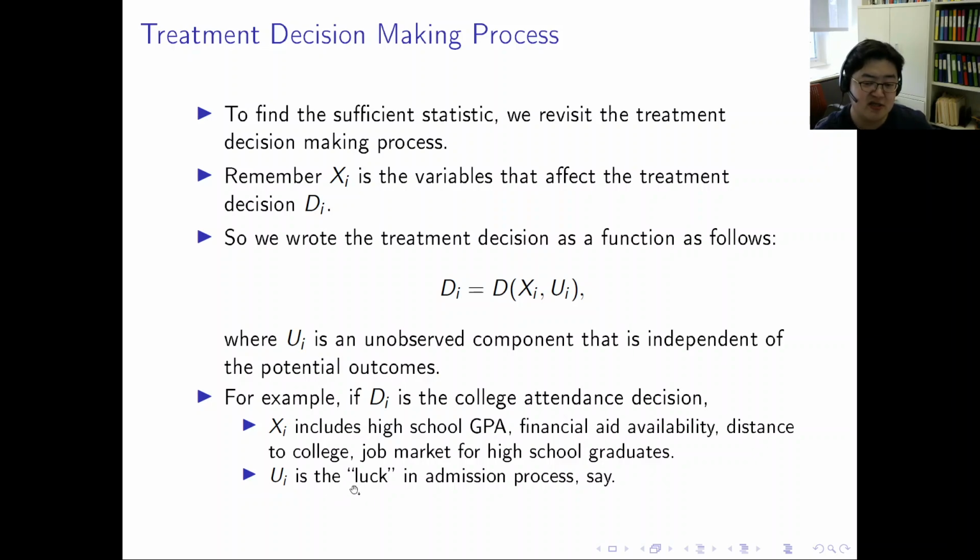Still, there is a randomness in the admission process, admission decision. So, some good students are rejected, but worse students are accepted sometimes. So that happens, but that's purely kind of luck, pure randomness.